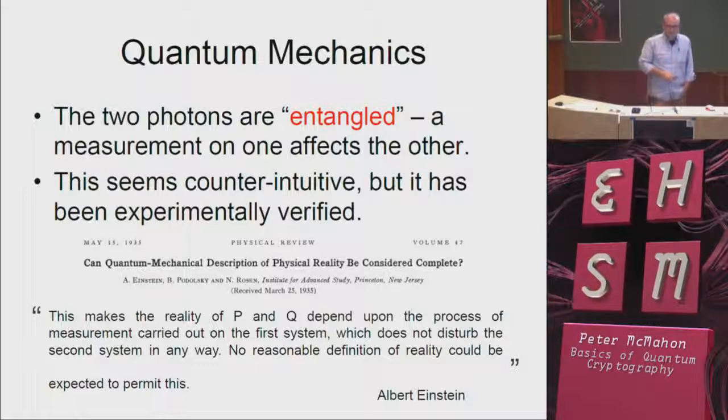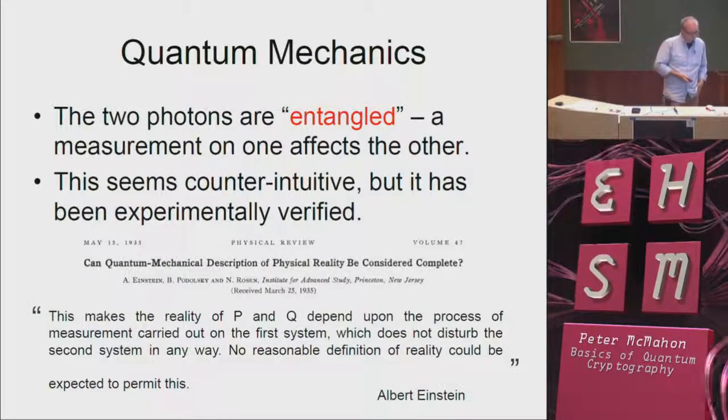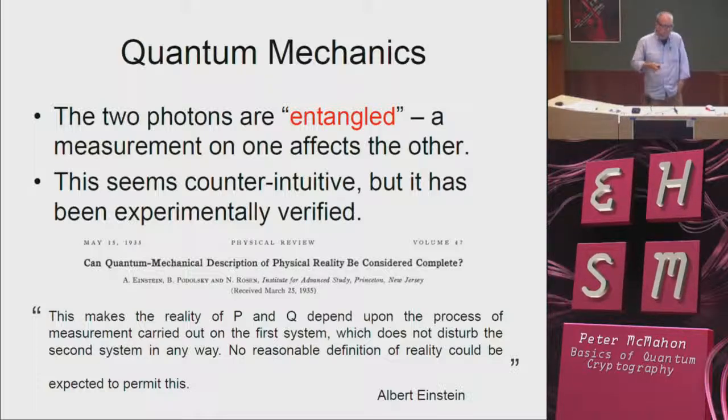And he never, until his death, accepted quantum mechanics, and one of the main reasons was this strange counterintuitive behavior that you can get. But it turns out that this really seems to be how nature behaves, and people have verified this experimentally many times now since the early 1980s.